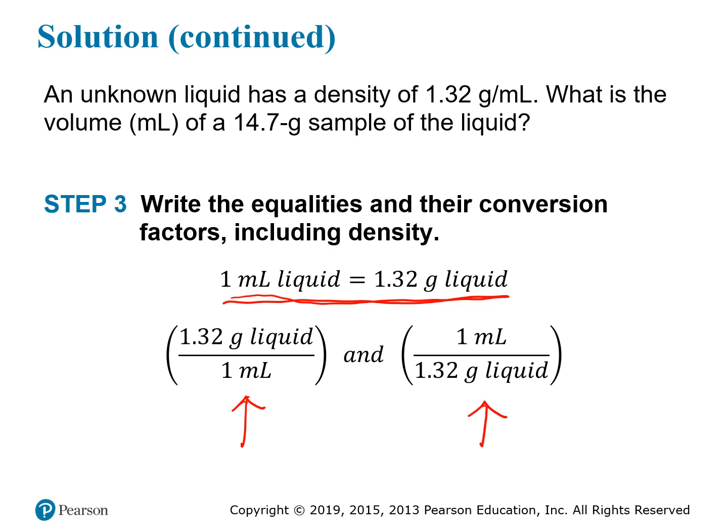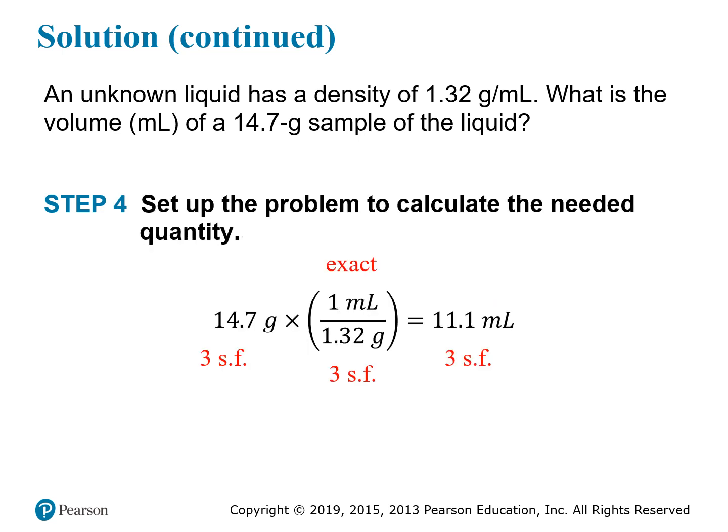But rather than just memorize which one it is, we can work out the units. So we take our initial measurement of 14.7 grams and we multiply it by a conversion factor that has grams in the denominator and milliliters in the numerator. And that will allow grams to cancel out and it'll leave the milliliter unit, which is what we're looking for, right? That's what it asks for right here in the problem.